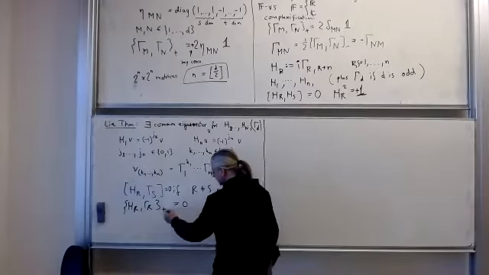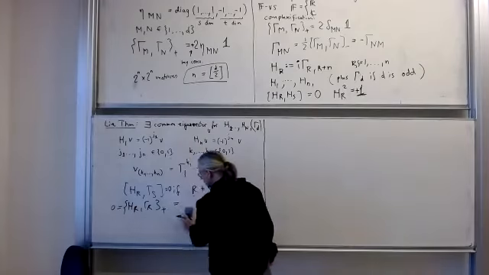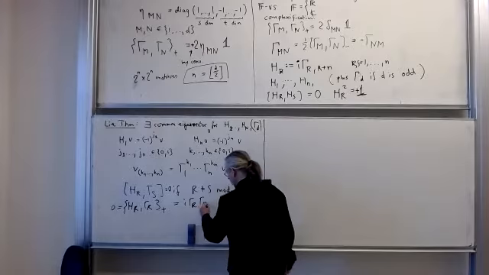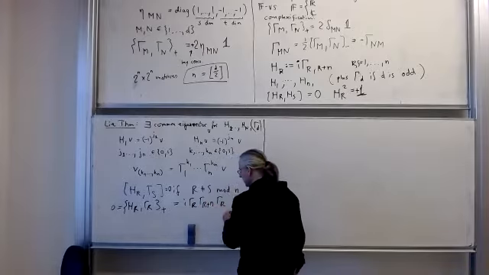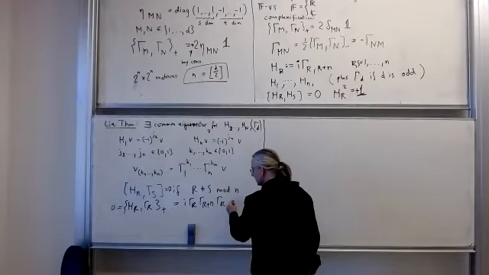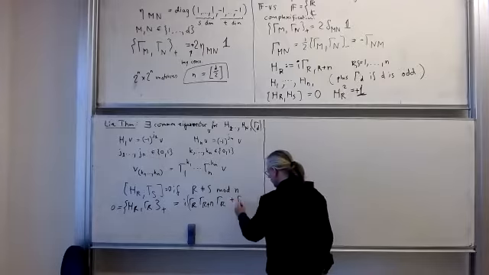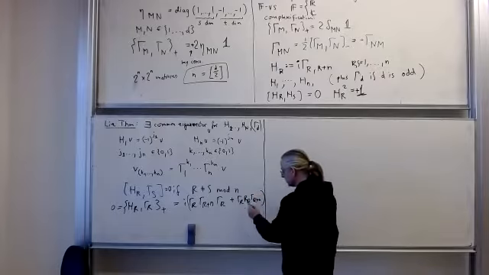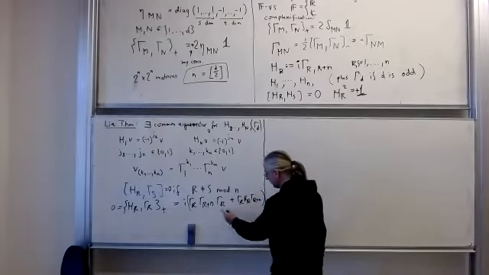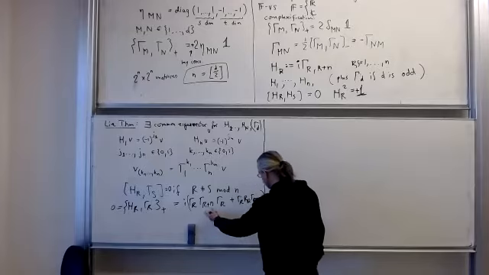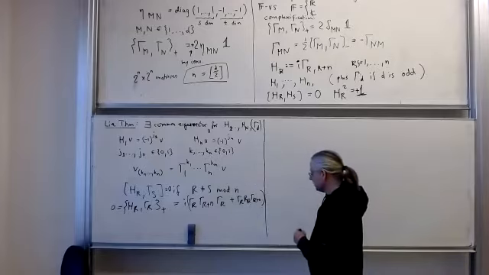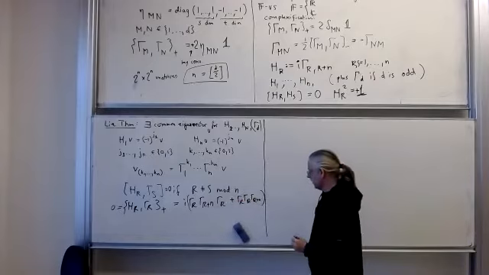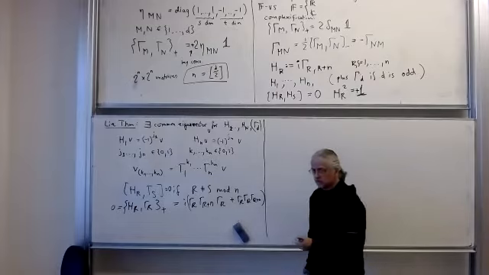H_R is i gamma_(R+n) gamma_R, and the two of these anticommute, so the commutator is 0. Make sense?